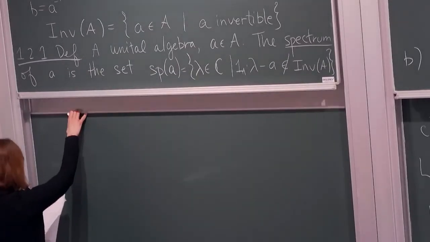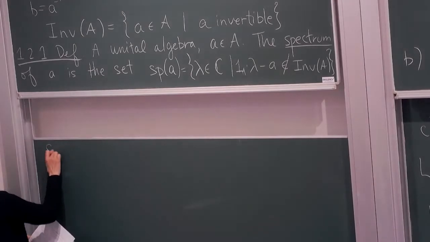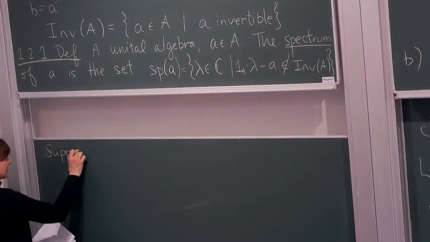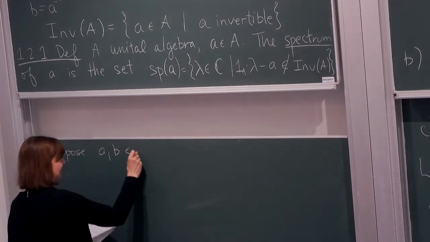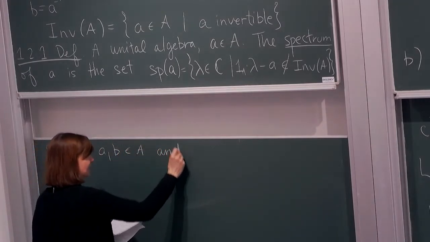Now here's an observation. Suppose that A and B are in A, and AB is invertible.